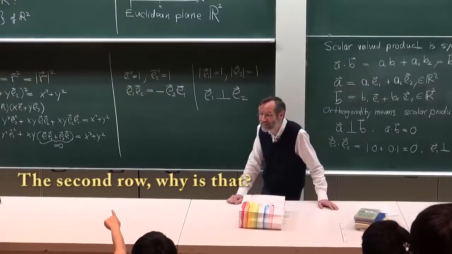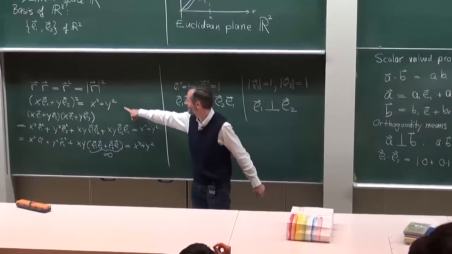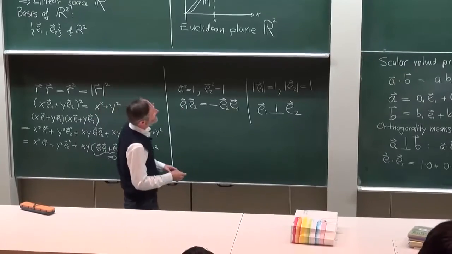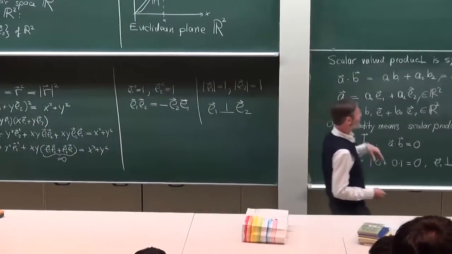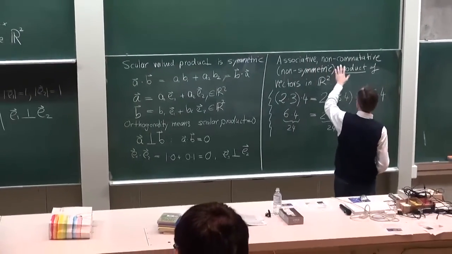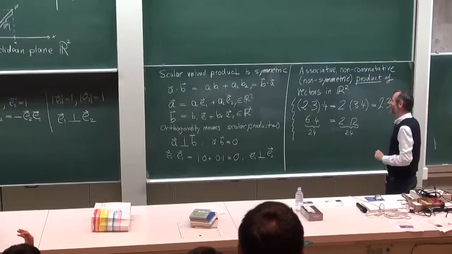Yes? The second row. Why is that? So I go from here to over there. So we introduce an associative, non-commutative, non-symmetric product of vectors in R2, and you see that this is really non-symmetric.